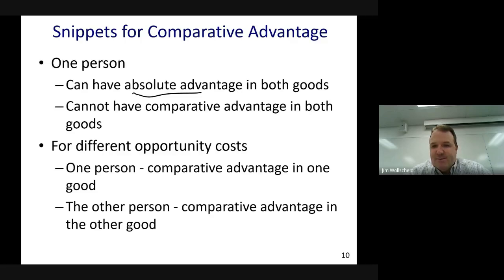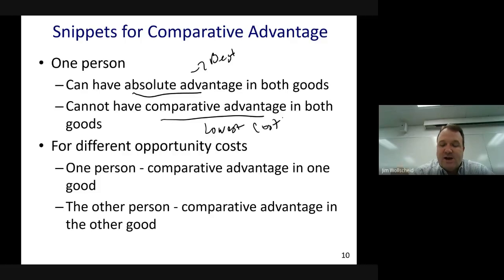It's possible that I am the best at everything, but it is not possible for me to have the comparative advantage in both goods. I can be the best, but I can't always have the lowest cost. I know that doesn't necessarily fit with what you think about the world, but we've shown that's how it can work. I could be the best at everything, but it doesn't mean I have the lowest cost.